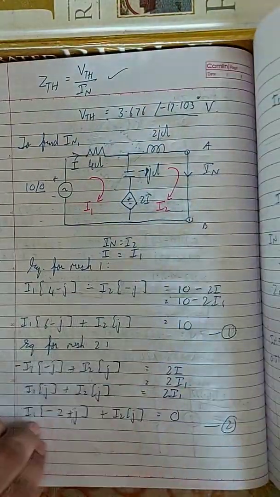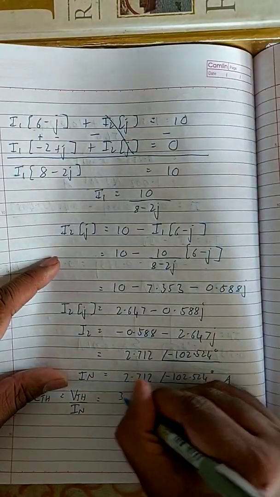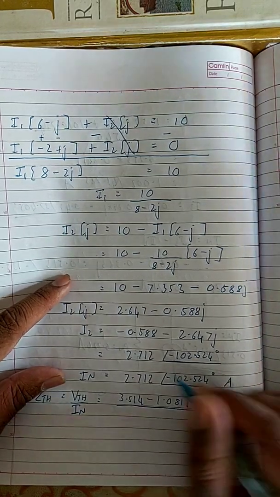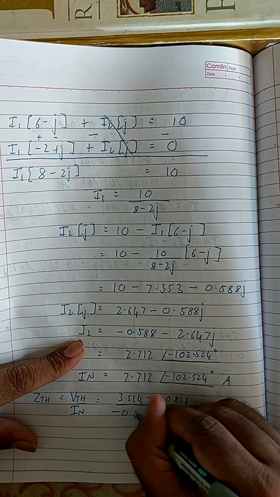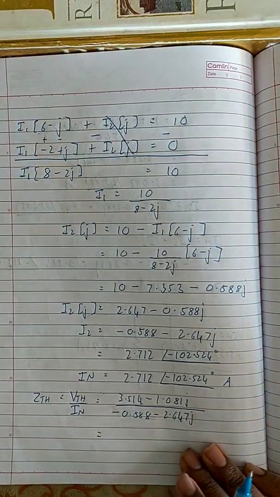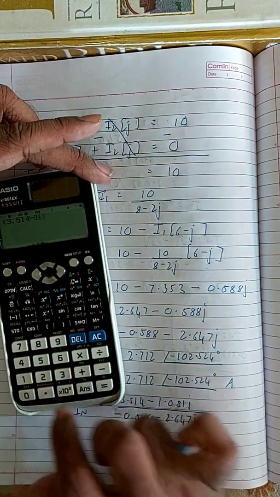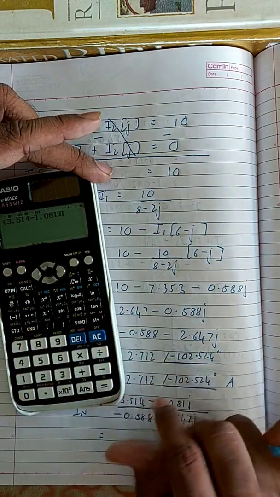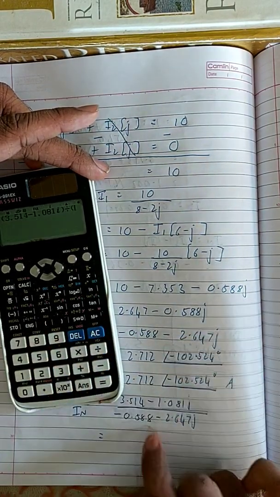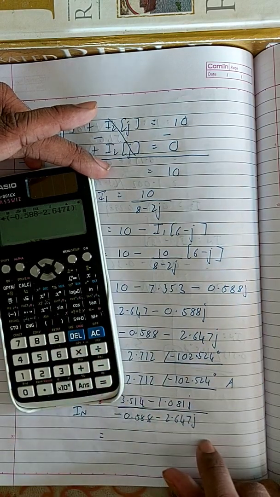I'll take the complex form: 3.514 minus 1.081j, divided by minus 0.588 minus 2.647j.